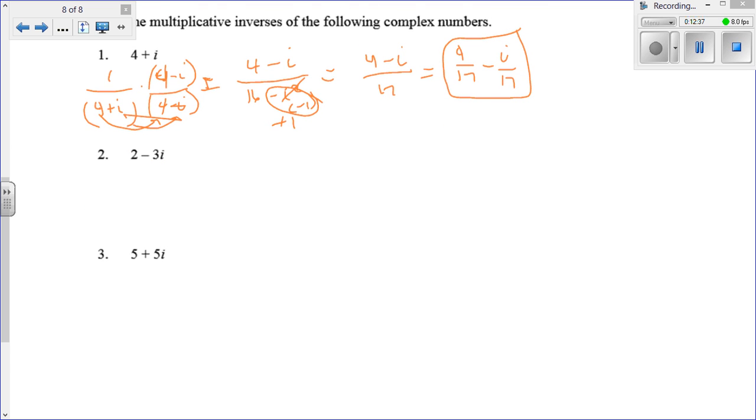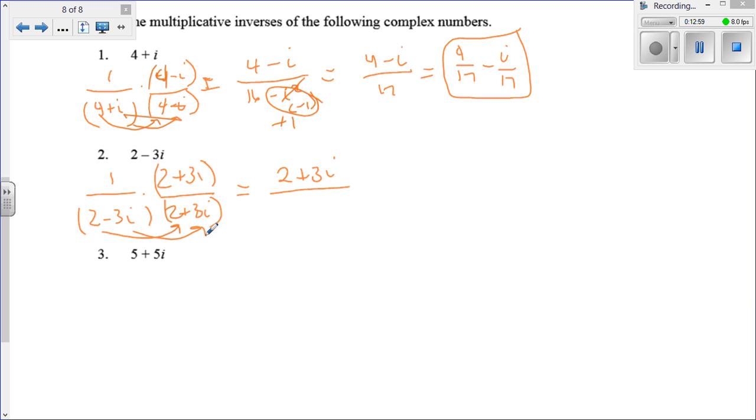For number 2, write your reciprocal. 1 over 2 minus 3i. Multiply by your conjugate, so 2 plus 3i. So my numerator stays 2 plus 3i over my denominator. Just multiply your first and last.